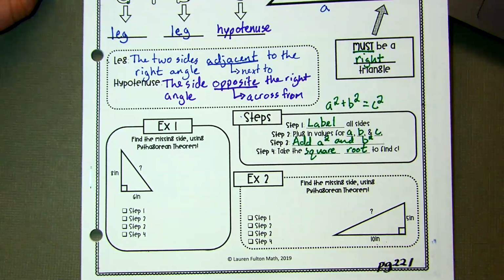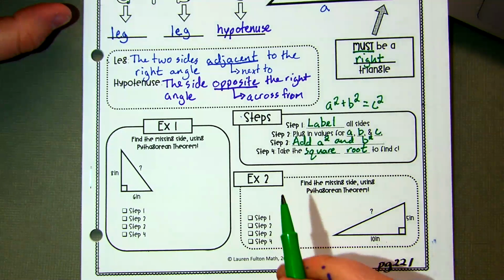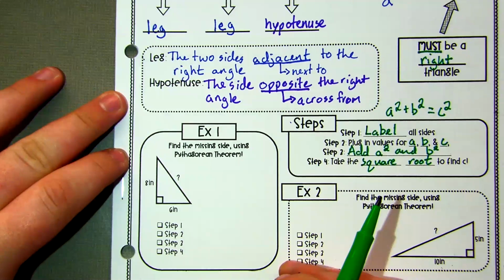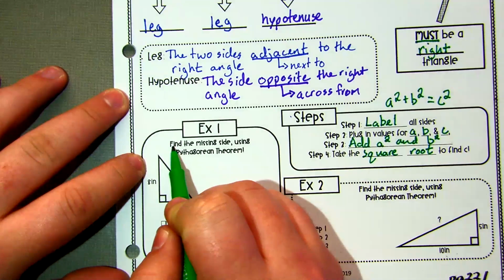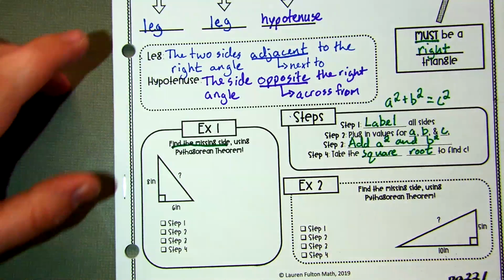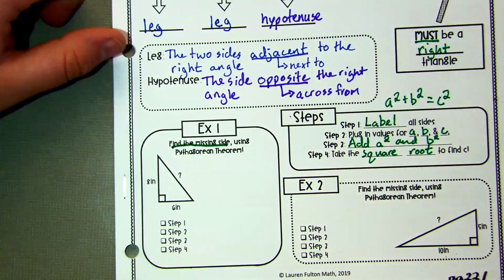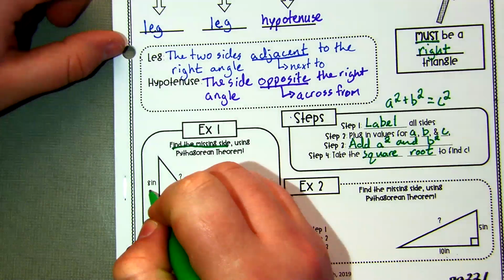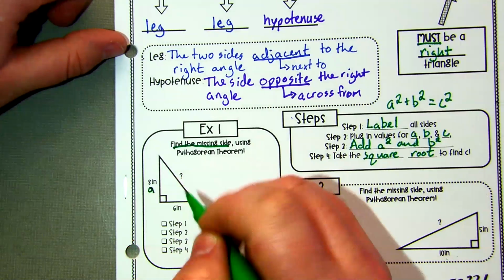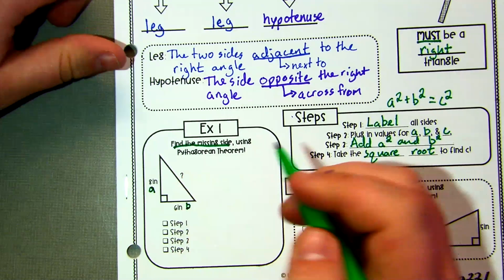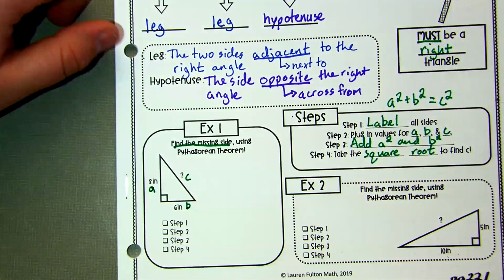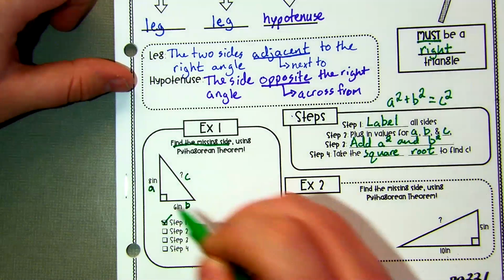Let's work a couple examples with these, starting with example one. I'll zoom in a little on that. So for example one, we are finding the missing side using the Pythagorean theorem. If we look at our blueprint here, step one is we label all the sides. So I'm going to label this one A, B, and then C. Once we do that, we can check off step one.